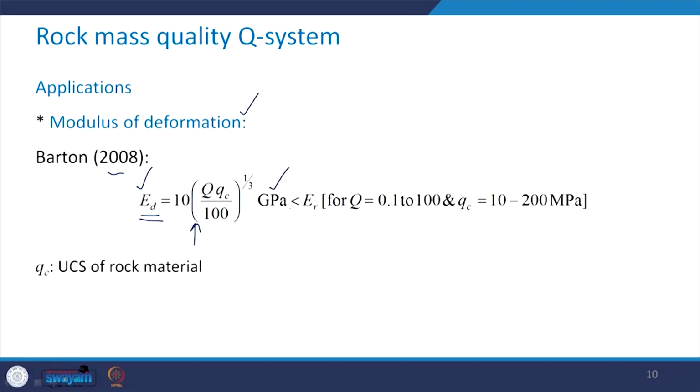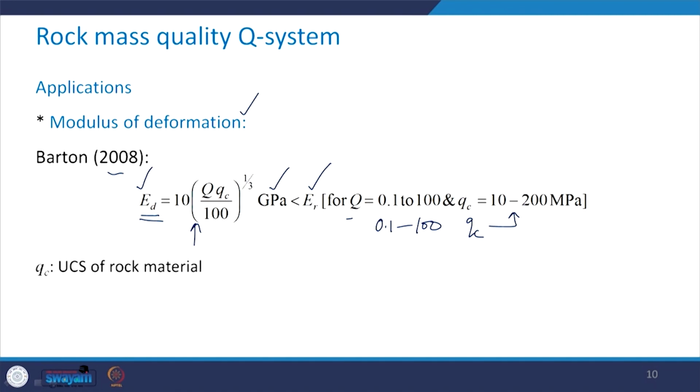So, this should be less than the elastic modulus of the intact rock, which is obvious, and this expression is valid for the value of Q varying between 0.1 to 100 and the UCS of the intact rock varying between 10 to 200 megapascal.